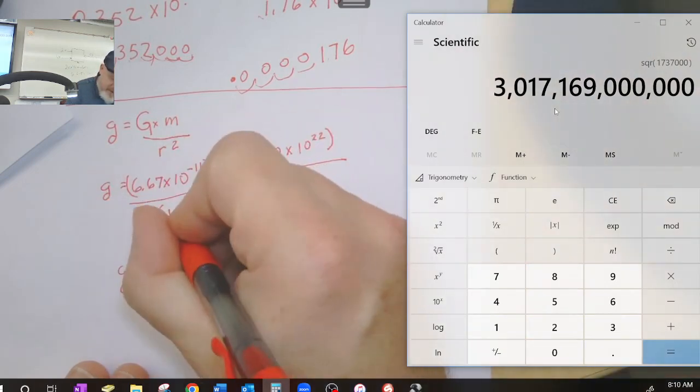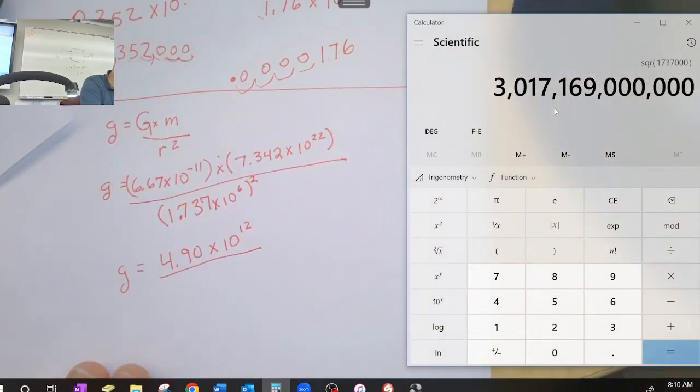Yeah, this should have been a decimal point right here. I forgot to put a decimal point in my notes. You might have heard me hesitate a couple of times, because usually when you use an exponent, there's a decimal point right there. So this should be 1.737 times 10 to the 6th power, which once we square this number, we're going to get this really big number.